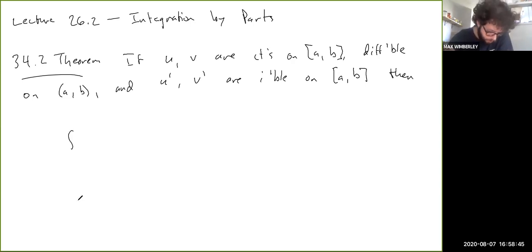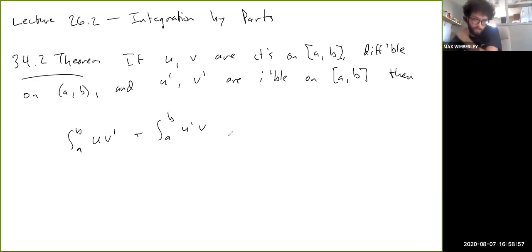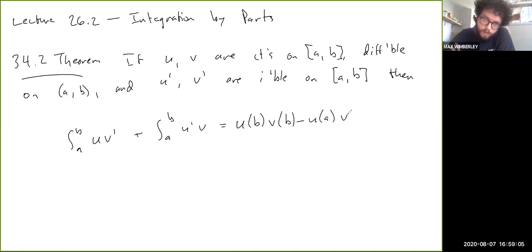So the integral from a to b of u v' plus the integral from a to b of u' v equals u(b) v(b) minus u(a) v(a), right?